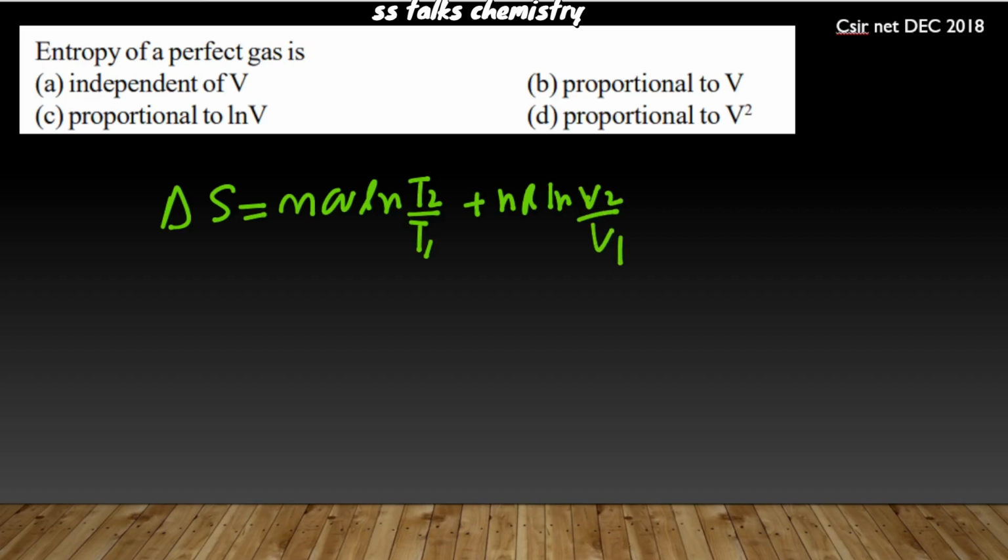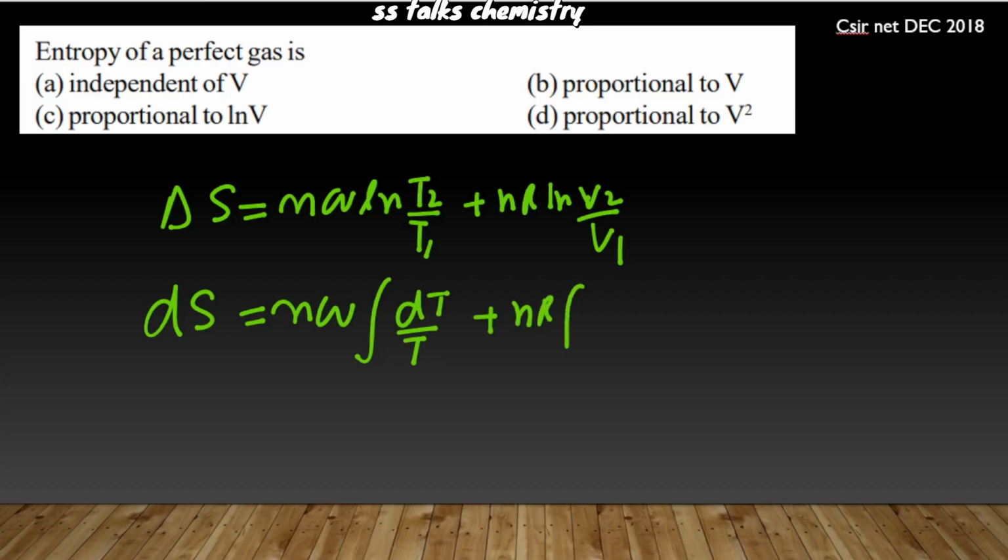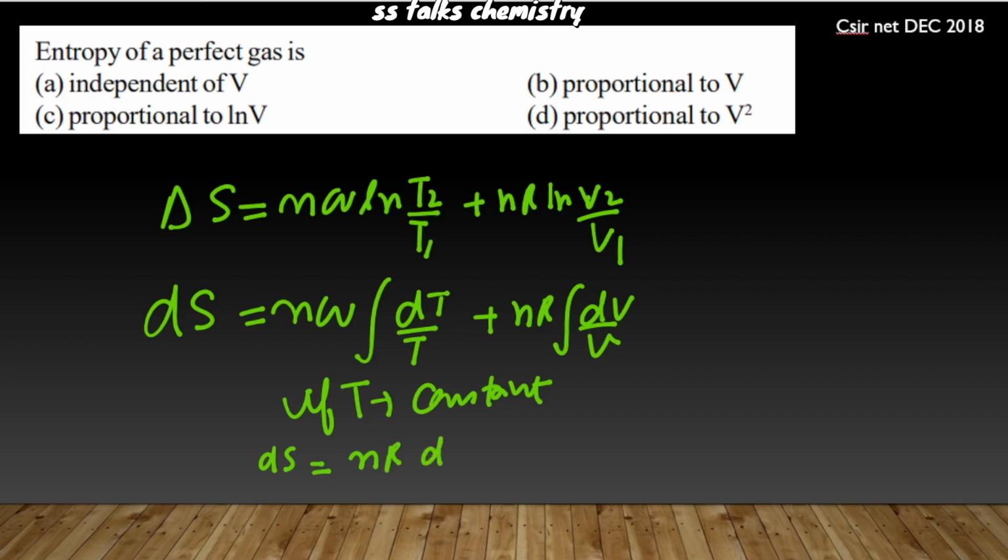If we take a reverse step, the one through which we obtained this, we can write dS is equal to nCv integration of dT upon T plus nR integration of dV upon V. If I keep the temperature constant, then dS is equal to nR into dV upon V. Integrating on both sides, we see.